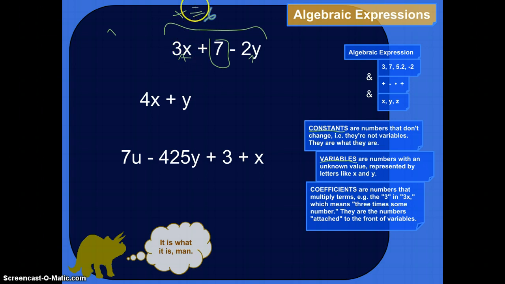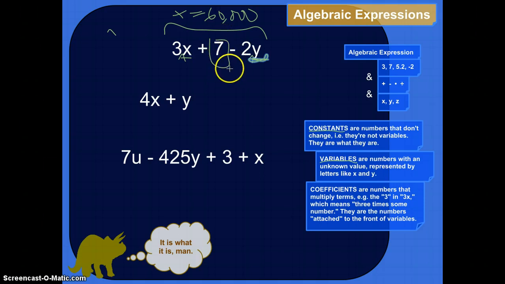But in another problem, that x might stand for 60,000. Then you'd plug in 60,000 for x. So we call them variables, these symbols that represent unknown values, because their value varies or changes depending on your situation. Unlike constants, this number 7 will always represent the number 7.